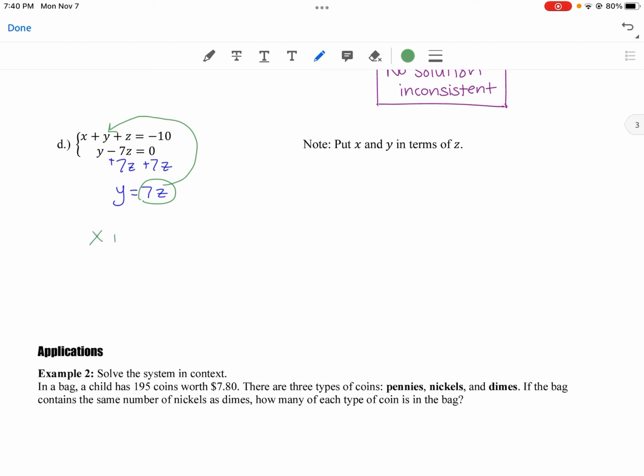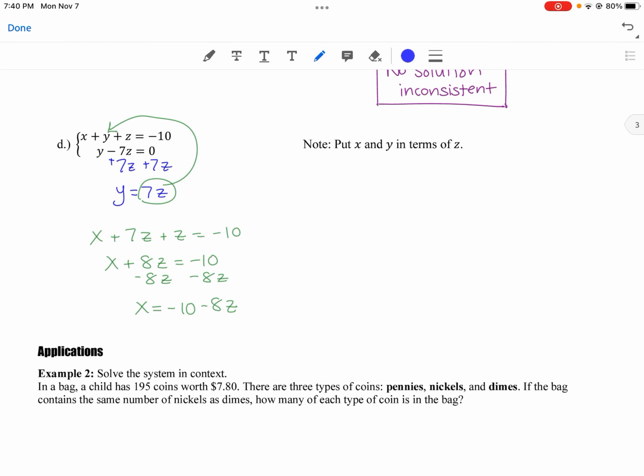Now I have an equation like x plus 7z plus z equals negative 10. So this is x plus, you add your z's, you get 8z equals negative 10. Subtract 8z from both sides. You say x equals negative 10 minus 8z. So notice how the answers you're getting for x and y are in terms of z.